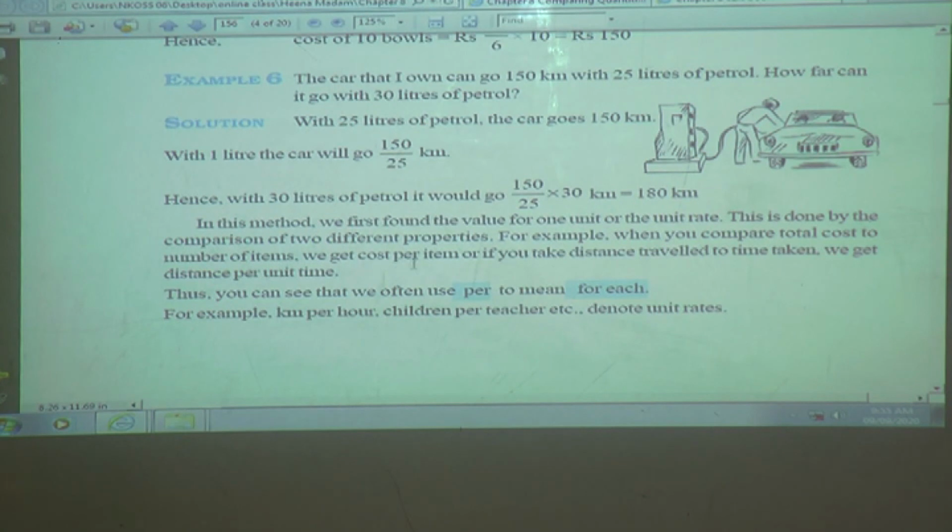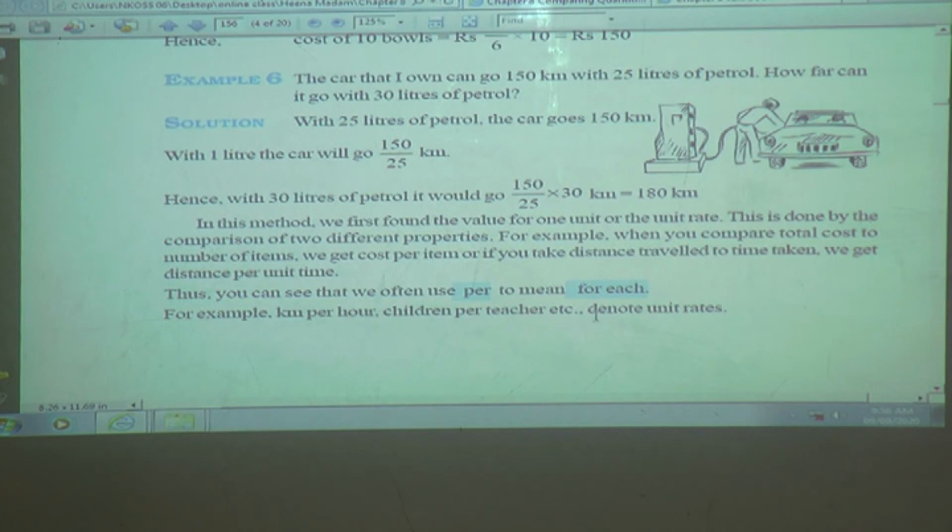So we get the cost of an item, or if you take the distance traveled by the time taken, we get distance per unit time. Thus you can see that we often use per to mean for each. Per kilometer, what will be the distance, in this way. For example, kilometer per hour, children per teacher.